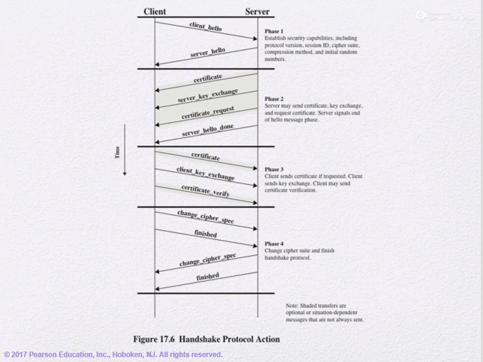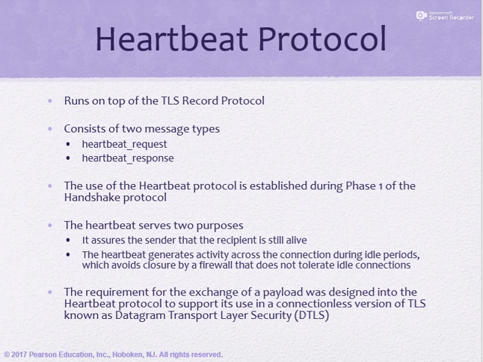Here both parties, client and server, show whether they support the heartbeat protocol or not. And if the heartbeat protocol is supported, then the peer indicates whether it is willing to receive heartbeat requests and respond with heartbeat response messages only, or willing to send heartbeat request messages.